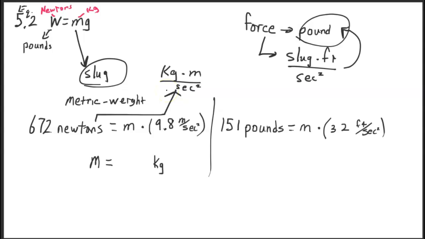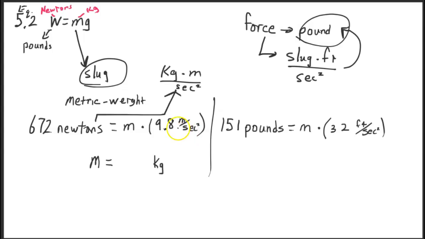Here's an important thing to keep in mind. When you're solving these, if you're on the metric side and you're solving for mass, you're going to expect your answer to be in some form of grams, right? The base unit grams and then some prefix to it, kilograms typically.